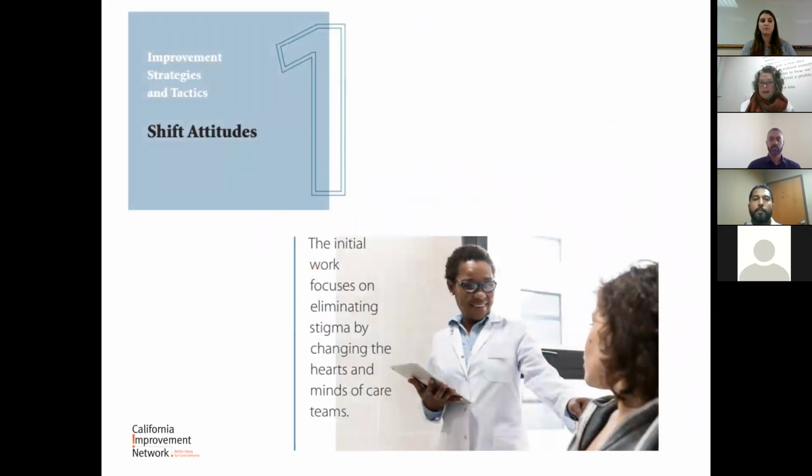So as I said, just a recap of the strategies, right? Many organizations start with shifting attitudes, and it's really, as this quote says, eliminating stigma by changing the hearts and minds of care teams, right? So opening their perspective and being open to change.